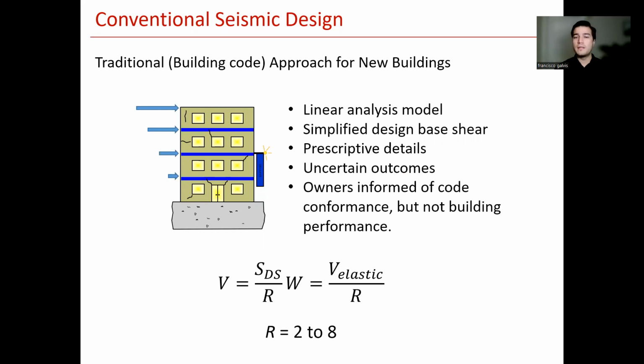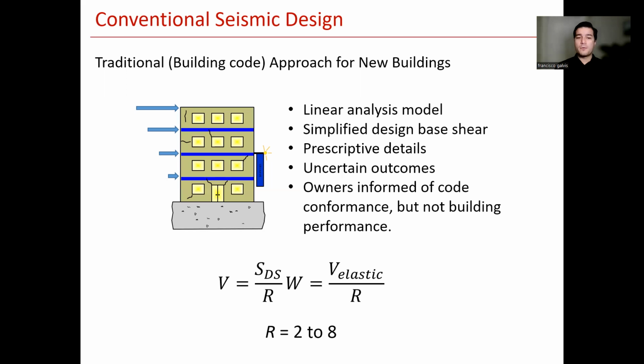The traditional building code approach for new buildings relies on linear analysis of a structural system, but then uses a simplified design base shear approach where the concept is that we estimate the period of the building, get the lateral forces based on a design spectrum that reflects the ground motion hazard at the site, get those loads, and then artificially reduce those loads with an R factor that takes care of some of the nonlinear aspects, and we'll revisit that in the next couple of slides.